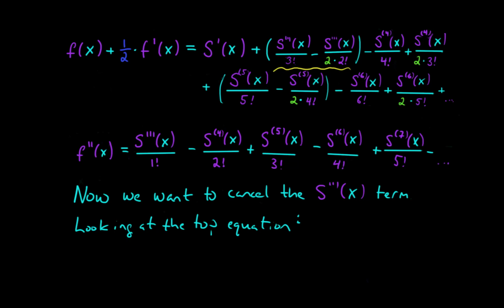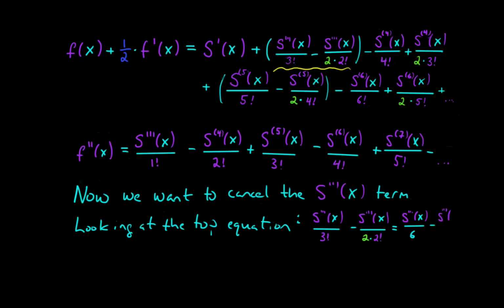So s triple prime of x over 3 factorial minus s triple prime of x over 2 times 2 factorial, that would equal s triple prime of x over 6, right? 3 factorial is just 3 times 2 times 1, which equals 6. And then 2 factorial times 2, that just equals 2 times 2 times 1.